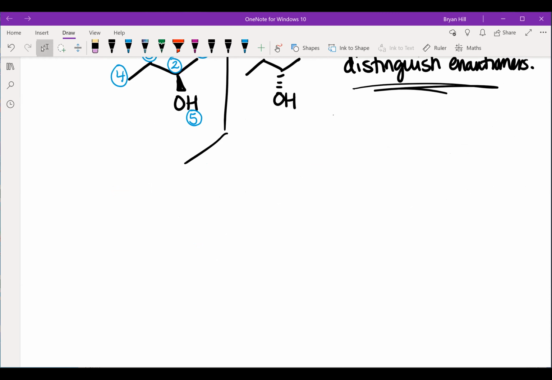The organic class hasn't found out what a diastereomer is. But for those of you who have taken organic before, what's the definition of a diastereomer with regards to stereoisomers?